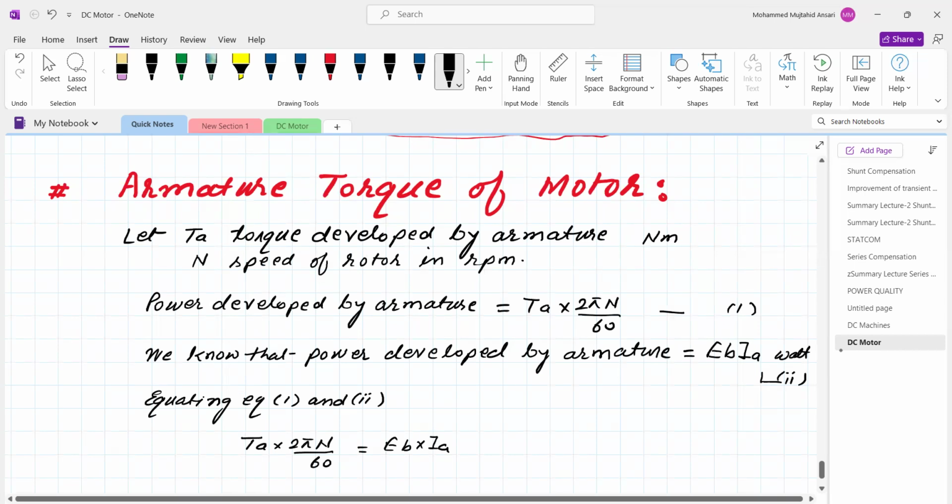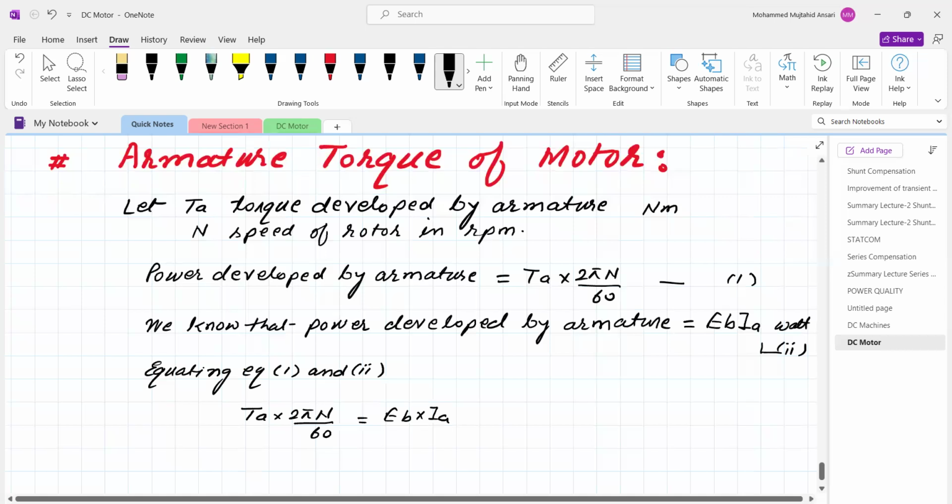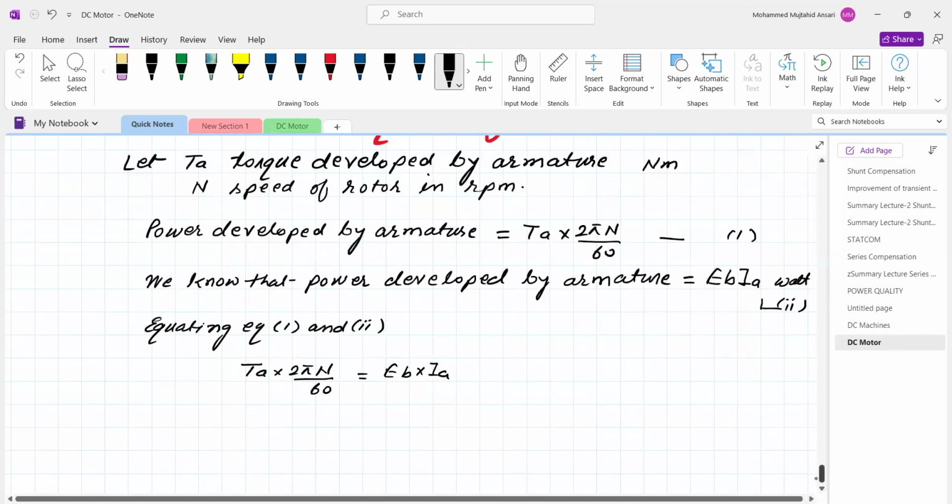Now we know that the back EMF is nothing but phi Z n P upon 60 A. So TA into twice pi n upon 60 equals phi Z n P upon 60 A into armature current IA.